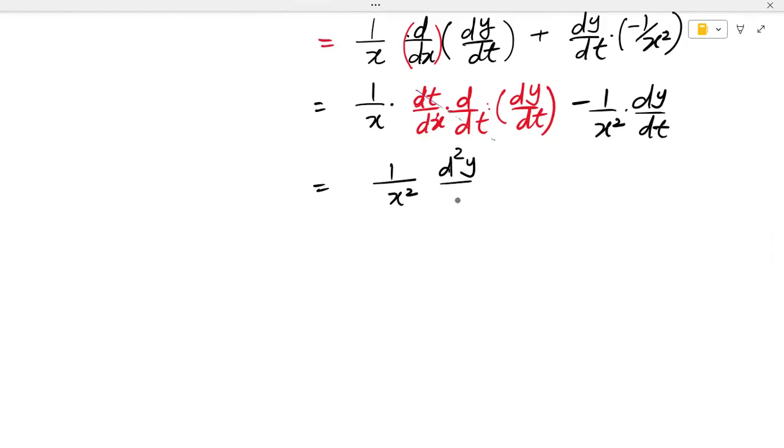Now it becomes d2y dt squared minus 1 over x squared dy dt, an equivalent of y double prime.